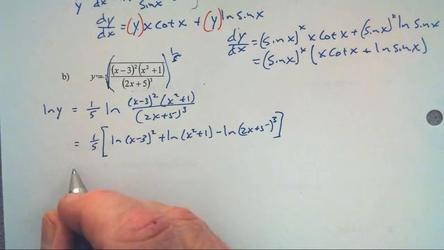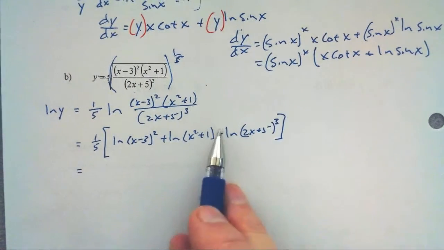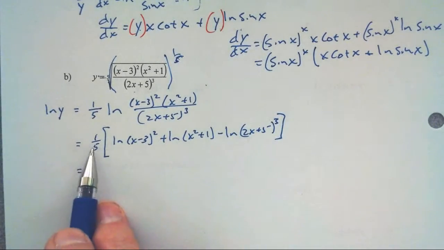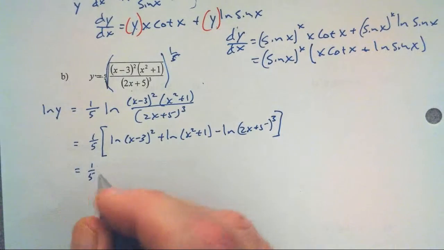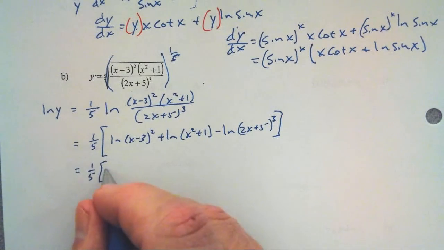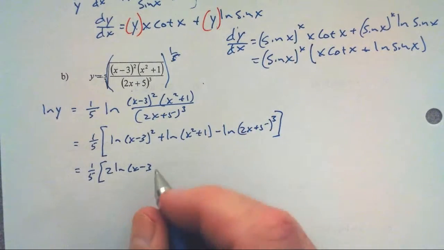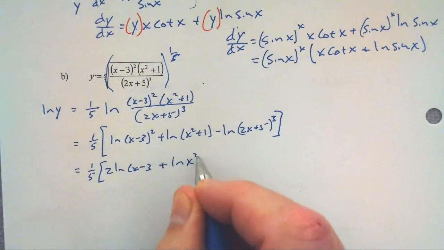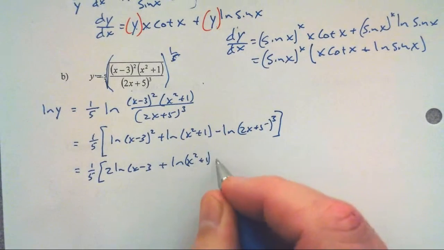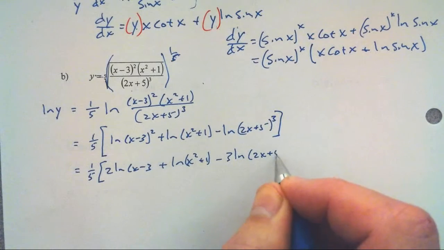And in fact, I can pull this 2 out in front, pull this 3 out in front. If I like, distribute the 1/5. I'm not going to. 1/5 times, I get 2 ln (x minus 3) plus, this is just ln (x squared plus 1), minus 3 ln (2x plus 5).